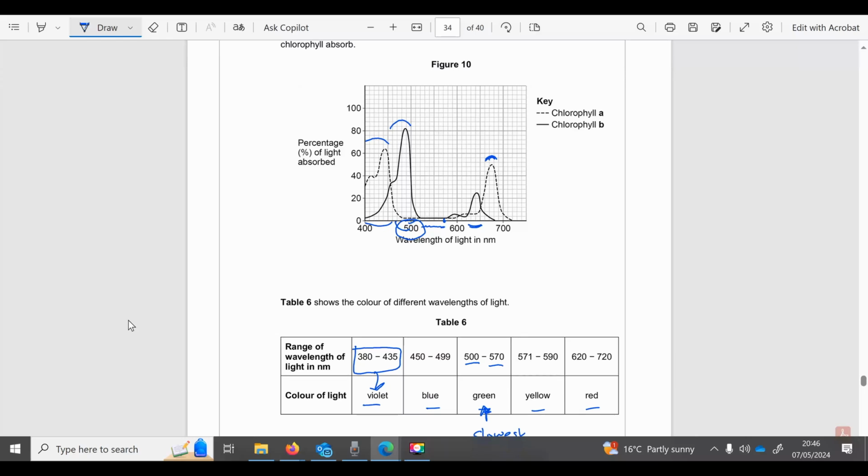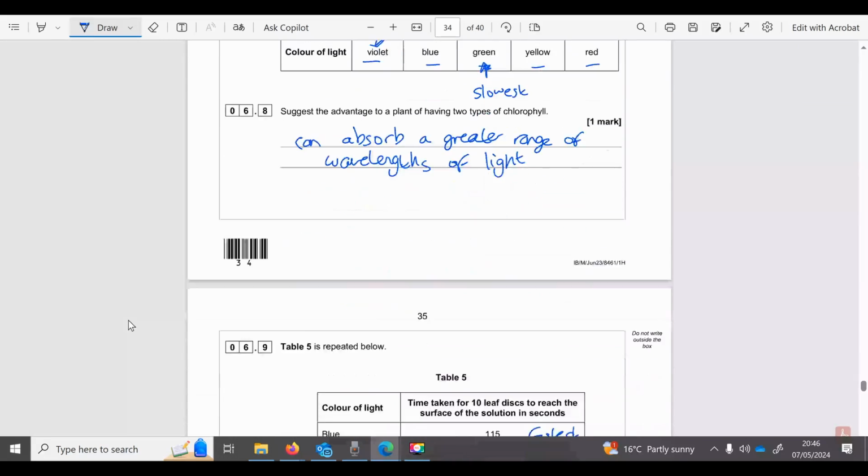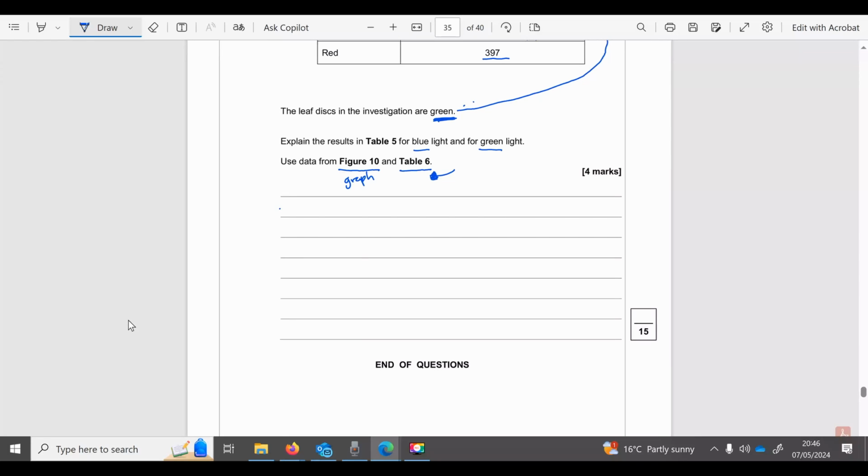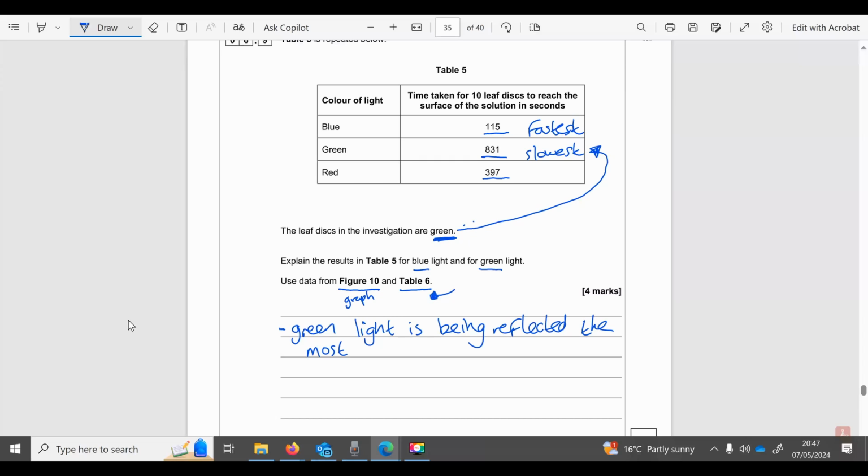So we're going to say that the green light is being reflected. And we just want to make sure that we can compare this to blue light also. So we can say that green light is being reflected the most.